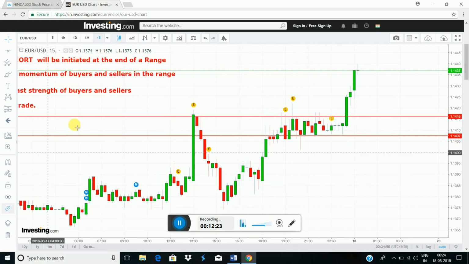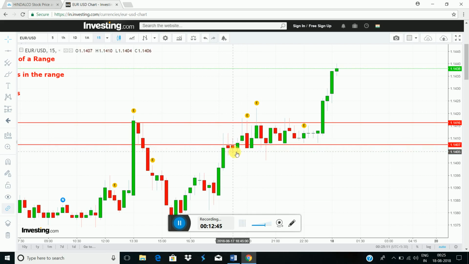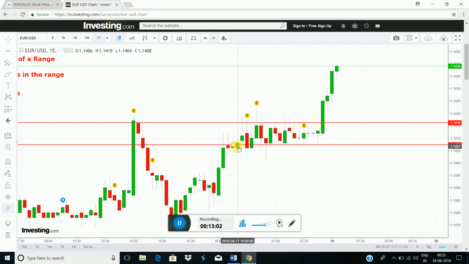You see my range got broken by a small bullish momentum on this candle right over here. You see the close is above the red support level. Here we're going to ignore these two red candles because it's just an exhaustion. You see these two upper wicks, so these two candles don't matter that much, but this candle closed above my support level right over here.